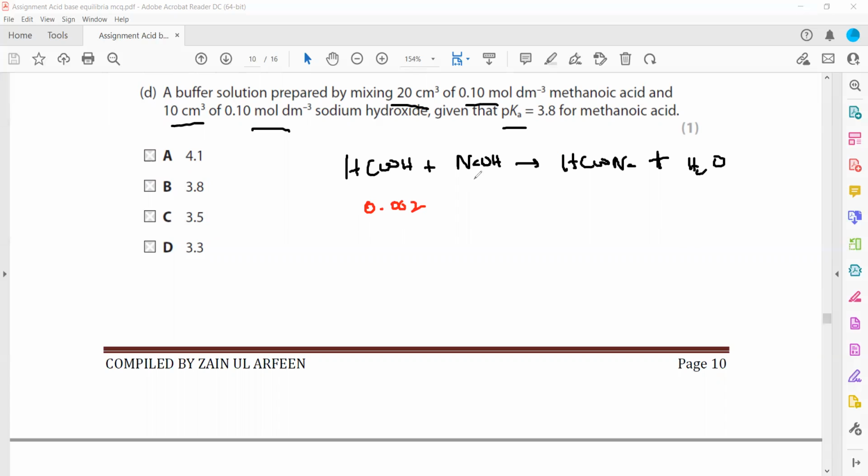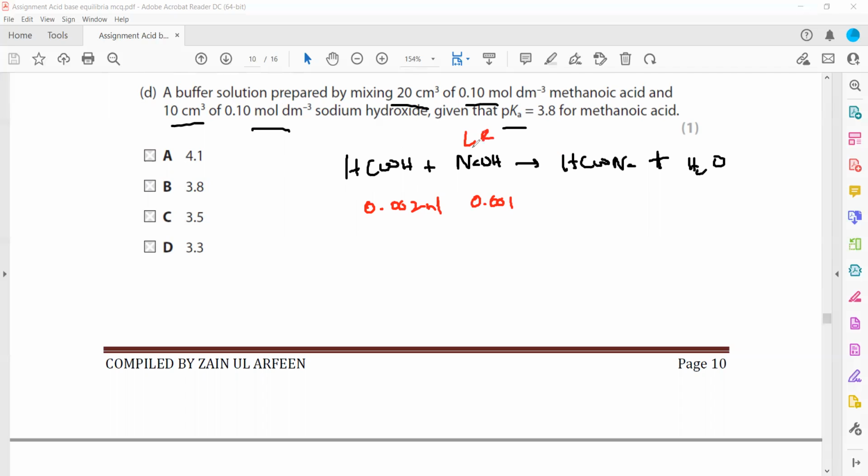So 0.002 moles of acid. The sodium hydroxide moles: the volume is 10, divided by 1000 to convert it to dm cube, and then multiplied by 0.1, which makes 0.001. But when the reaction occurs, you can see the ratio is 1:1.